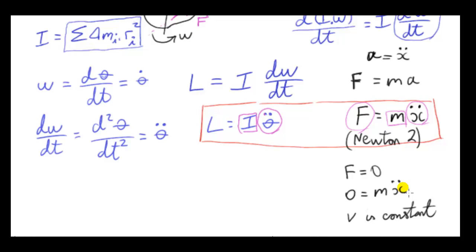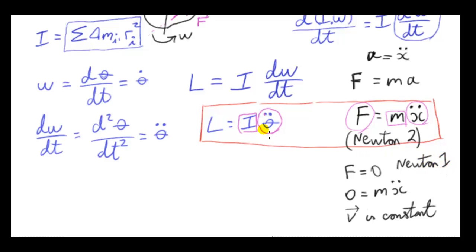And if that derivative is 0, the speed must be constant. Actually, the velocity is also constant. If we look at the vector form of Newton's second law, not only the speed but the velocity is constant. So we get Newton's first law. If the velocity is constant, the particle moves in a straight line with constant speed forever, if no external forces act. So this is Newton's first law.